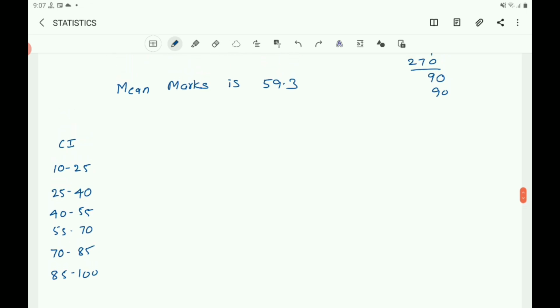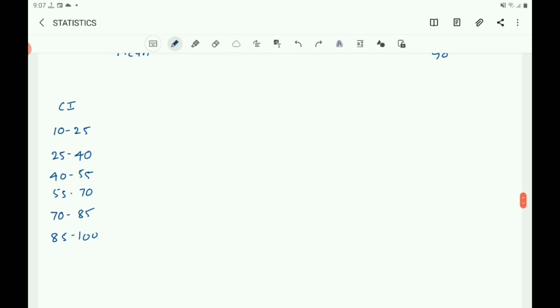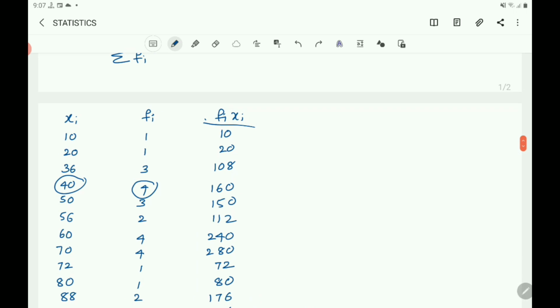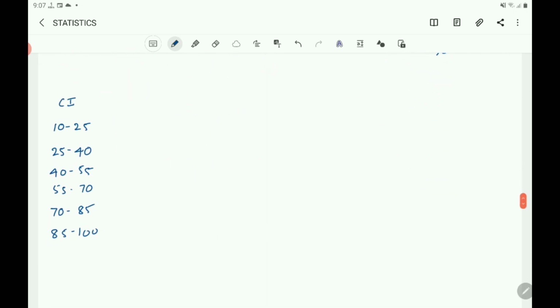Now here, how many students scored marks between 10 and 25? Only 2. So you write 2 here, that is the number of students.